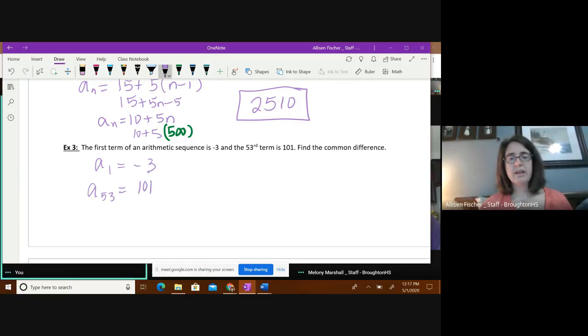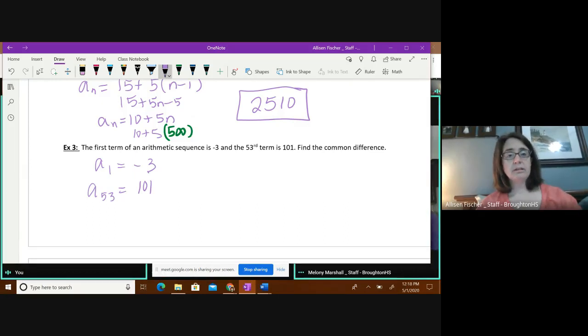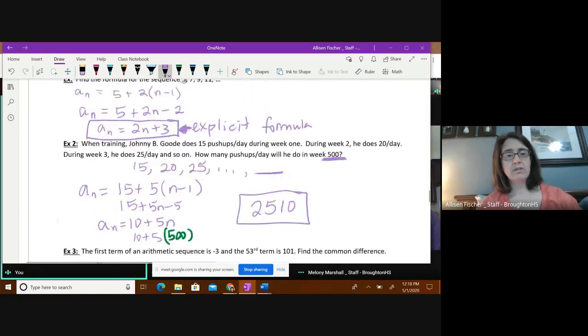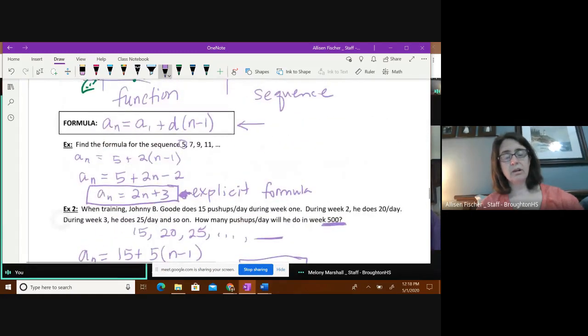Find the common difference. There's a couple different ways you can do this. Some people treat this like, hey, this is a linear equation, and since it acts like a line, the common difference is like a slope. So some people do this like a slope problem. Other people do this like a system of equations using this formula up here.